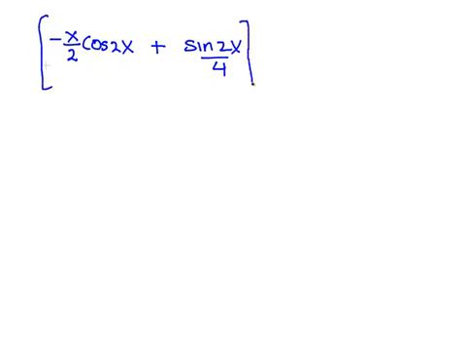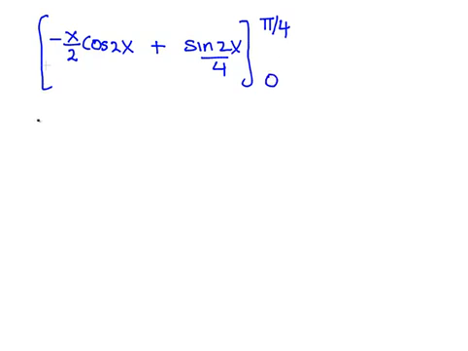So let's write it out again: minus x over 2 cos 2x plus sine 2x over 4, evaluated from 0 to pi over 4.